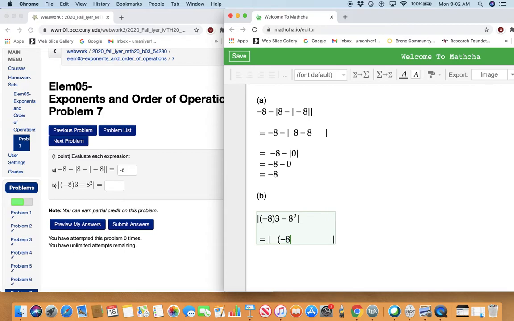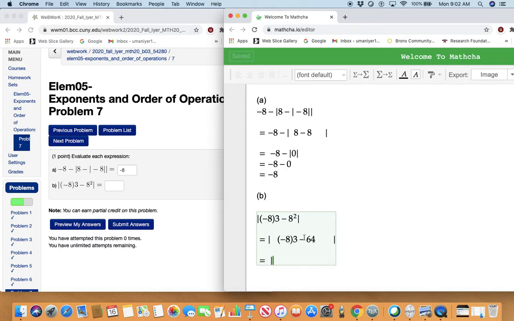Negative 8, 3 minus exponent 8 power 2 is 64. So notice the power 2 applies only to 8, not to the negative. So it's only 8 power 2. All right, so that gets me here absolute value. There's a multiplication there and a subtraction there. Well, multiplication takes precedence.